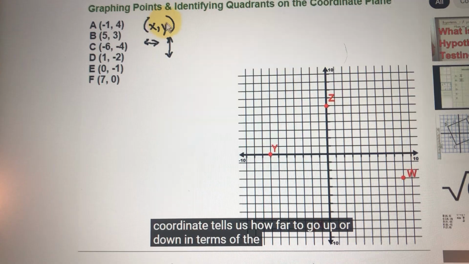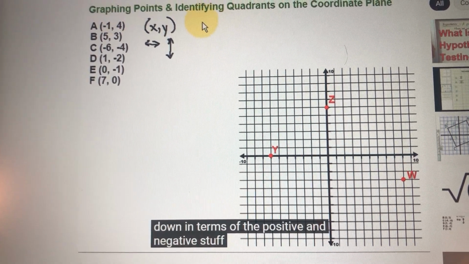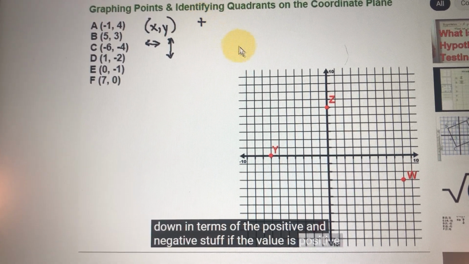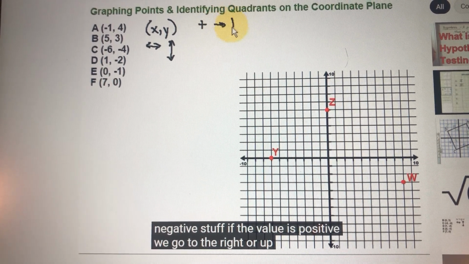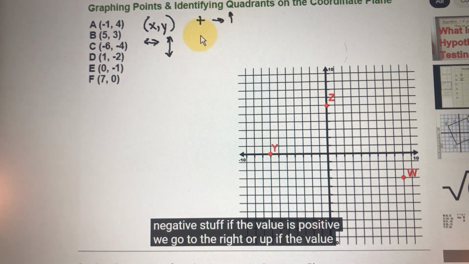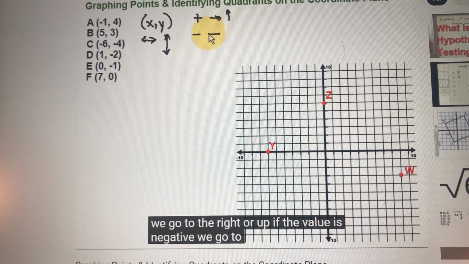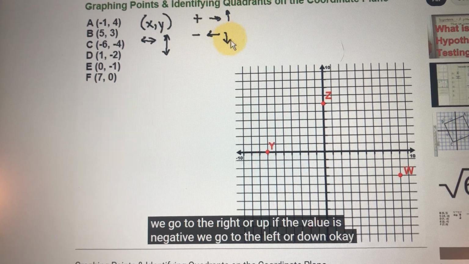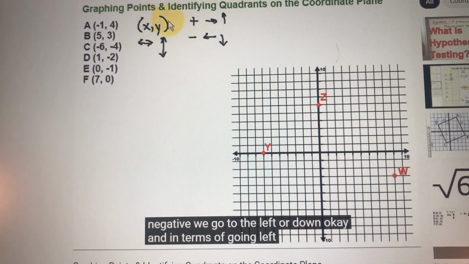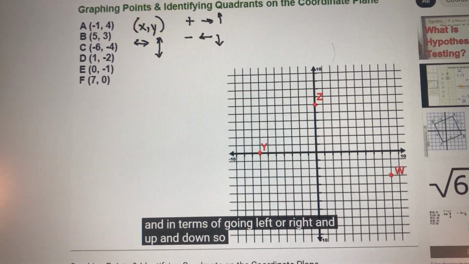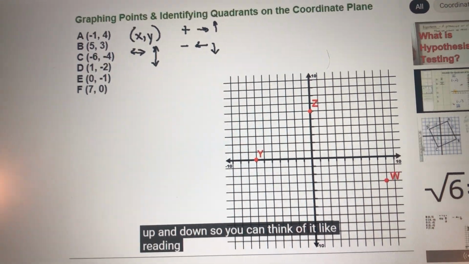In terms of the positive and negative values, if the value is positive, we go to the right or up. If the value is negative, we go to the left or down. Okay? And in terms of going left or right and up and down, we can think of it like reading a book.